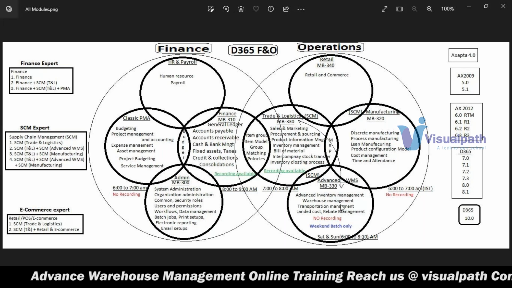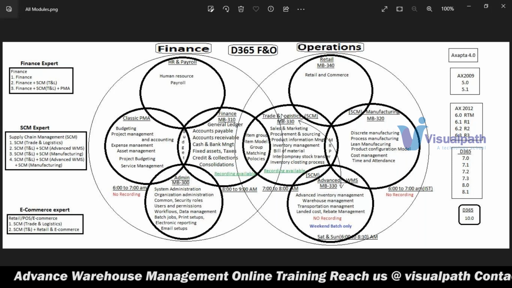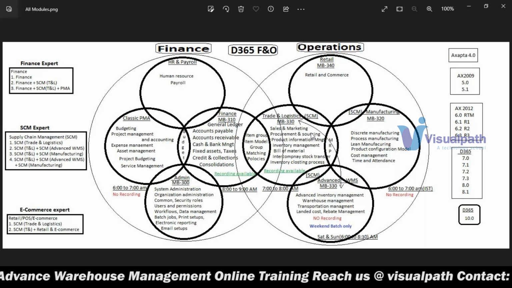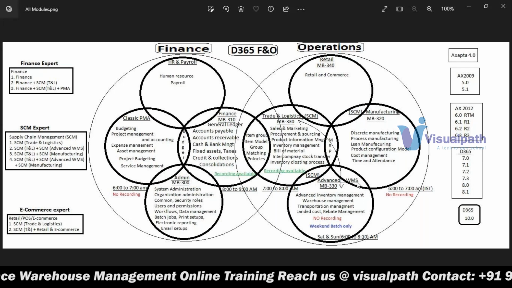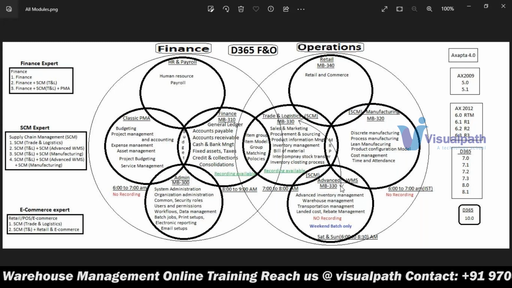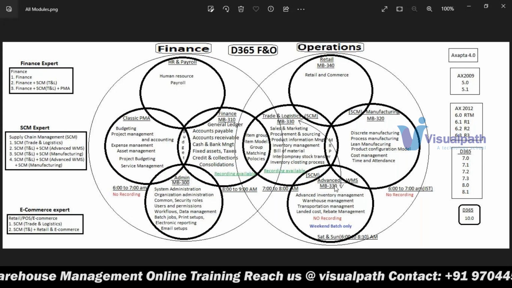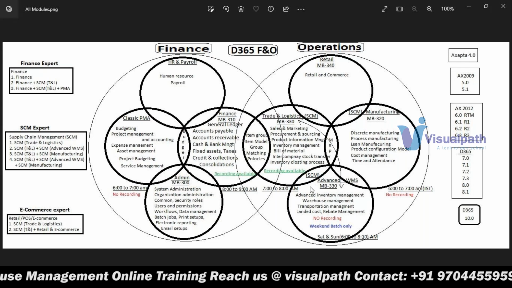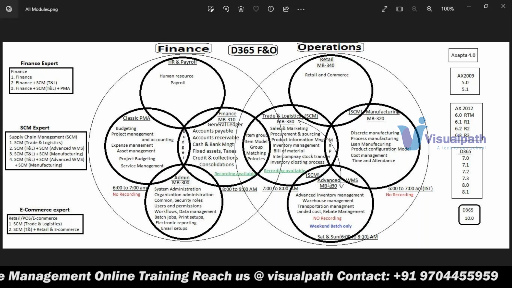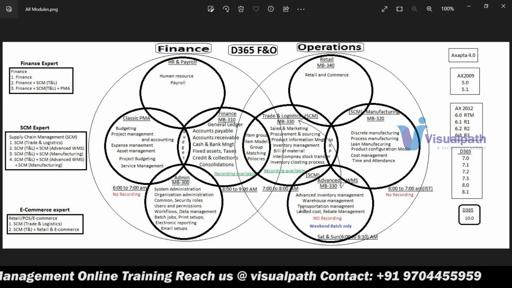One is T&L, trade and logistics, and another one is advanced warehouse management. This session is regarding advanced warehouse management.